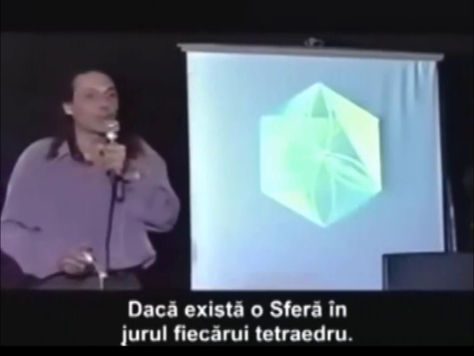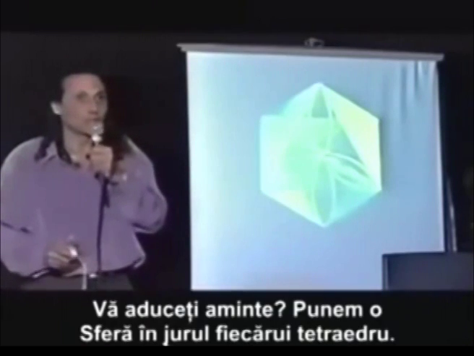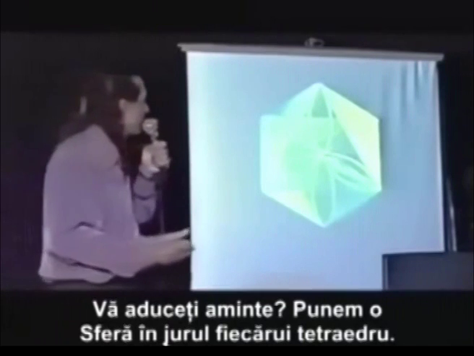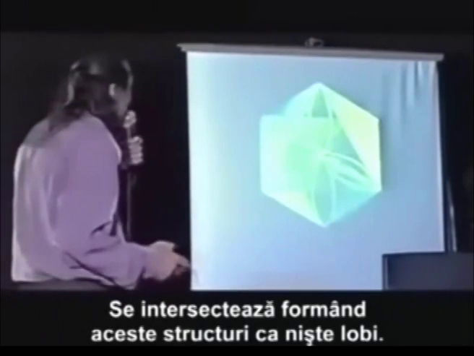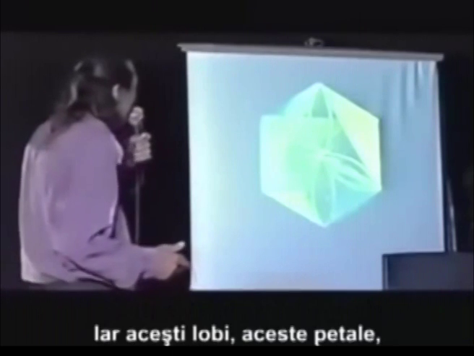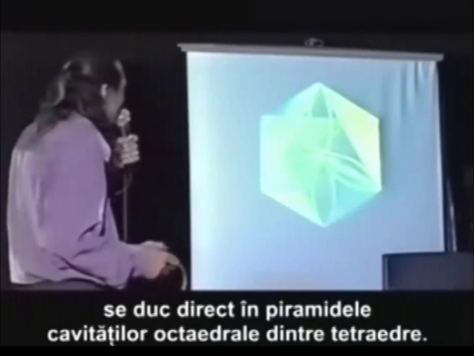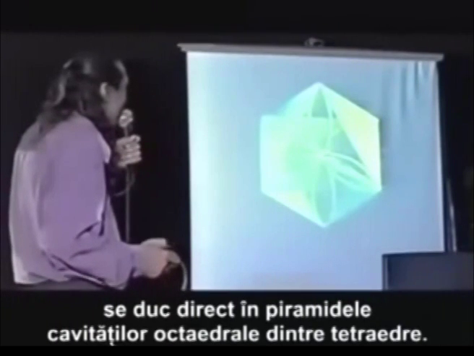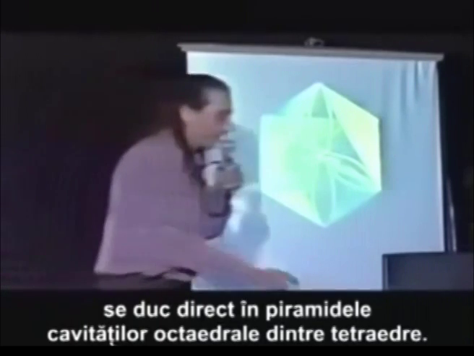If there's a sphere around each tetrahedron, right? Remember, you put a sphere around each tetrahedron. Now they intersect, creating these lobe structures, and these lobes, these petals, go directly to the apex of the octahedron cavity between the tetrahedrons.